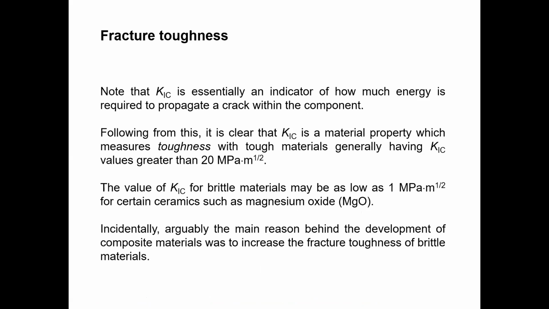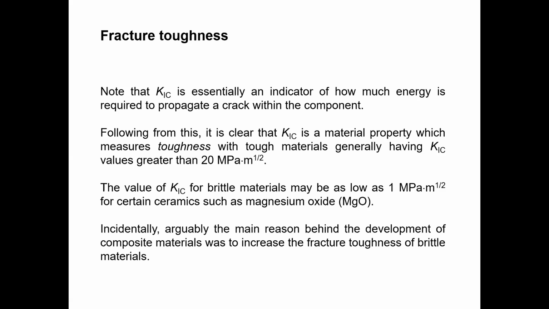So the fracture toughness indicates how much energy is required to propagate a crack within the component. That is fracture toughness. The toughness is normally about energy; the factors belong to energy terms. So normally a material has a toughness, because toughness is the energy absorbed until the fracture point.